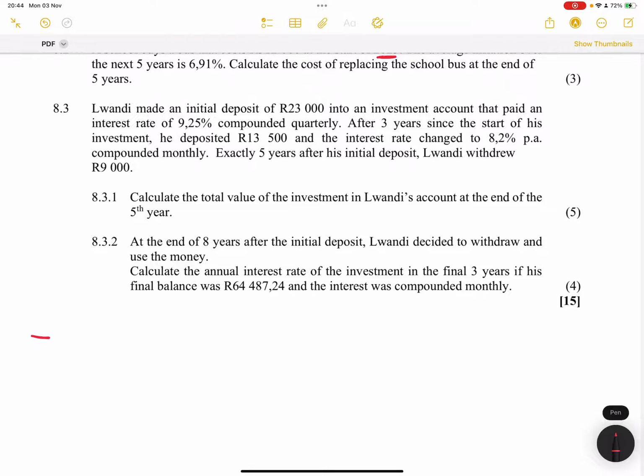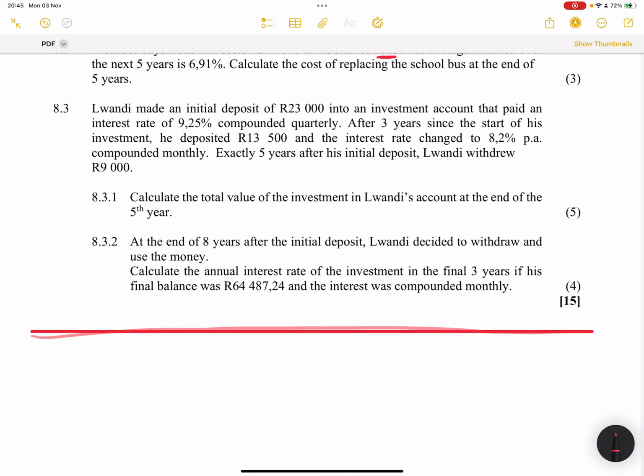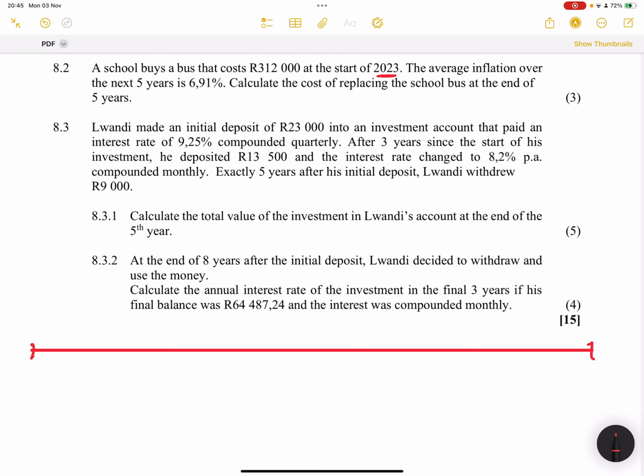Right. And it always helps for you to be able to draw a timeline right at the beginning, right? Okay, so we are depositing an amount of 23,000 right at the beginning, and interest is paid at 9.25% compounded quarterly.